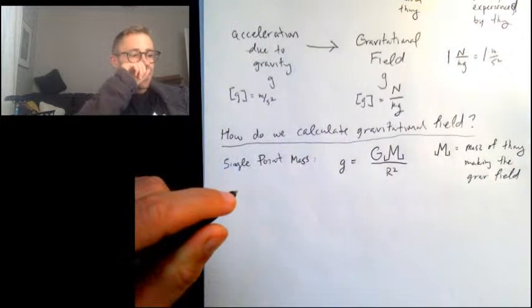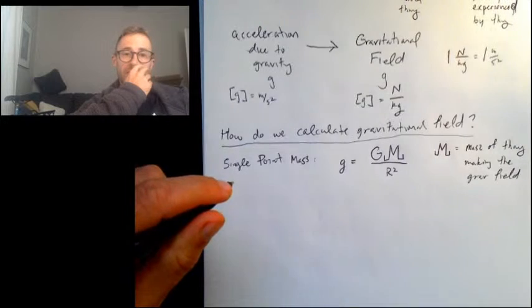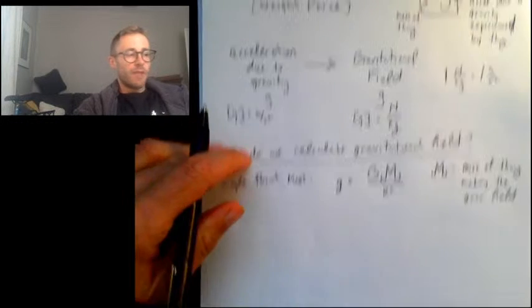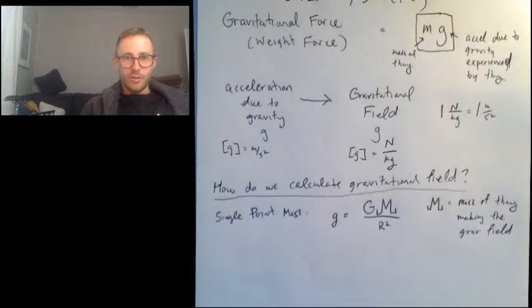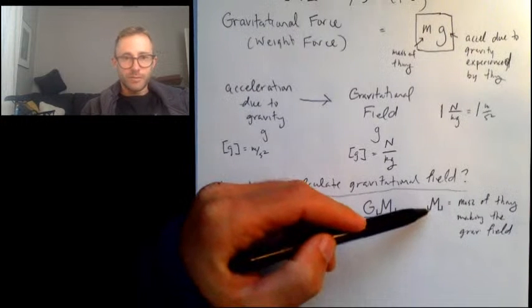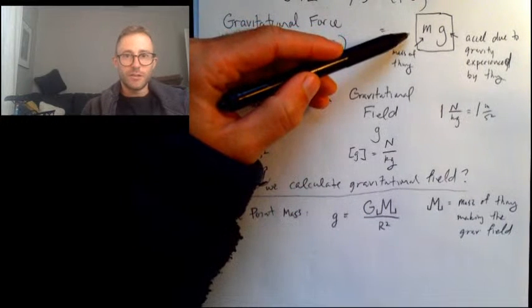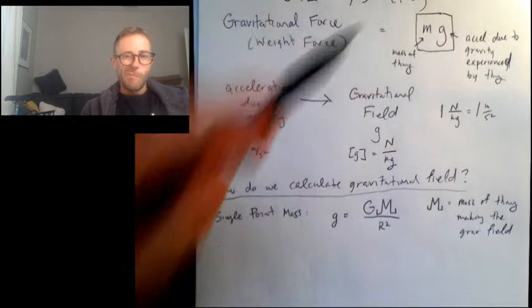Okay, so if we were talking about the gravitational force experienced by us due to the Earth, big M is going to be the Earth. Little m is going to be us.